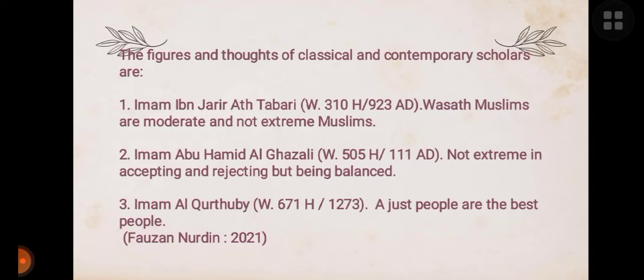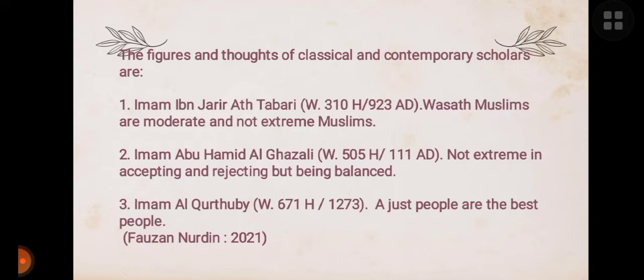However, Muslims are people who take the middle and balanced path in religion, so it is for this reason that Allah calls them a moderate people. Second, Imam Abu Hamid al-Ghazali. He argues in his work Ihya Ulumuddin, when discussing the attitude of the companions of the Prophet towards the world in the Zuhud chapter, that the companions did not work in the world for the world, but for religion.